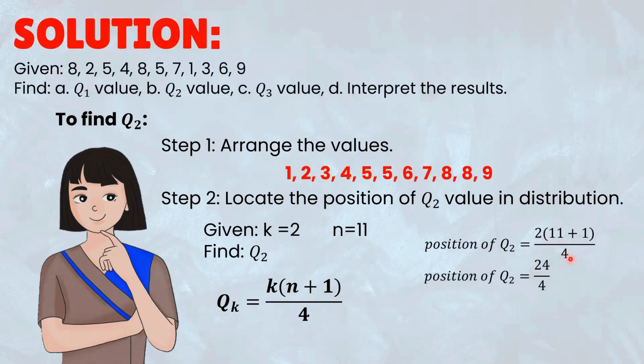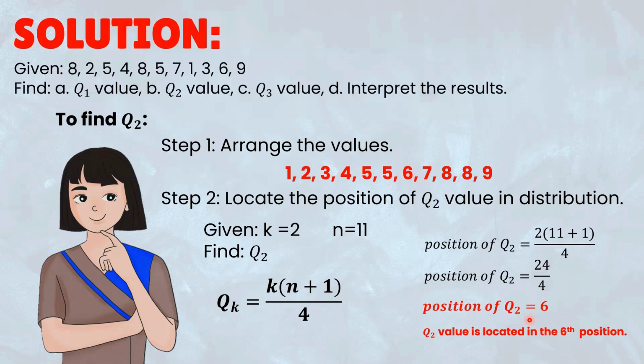That gives us 24 divided by 4, which gives us 6. So meaning the quartile 2 value is located in the 6th position. Since our answer is a whole number, we don't need to proceed to step 3, which is interpolation.